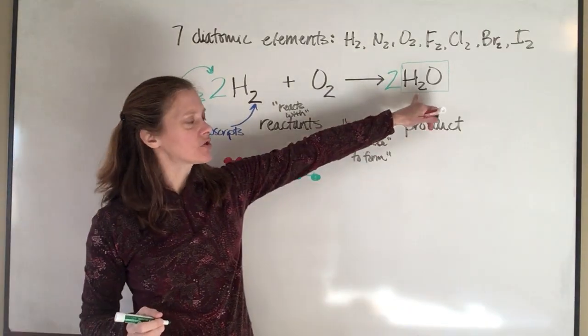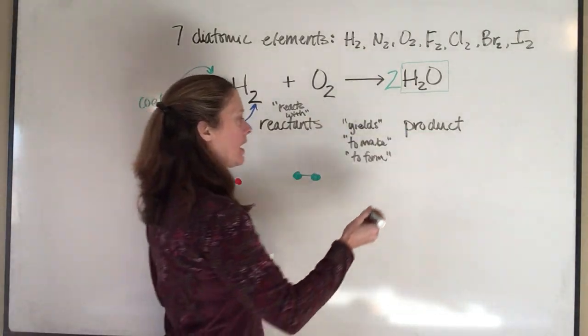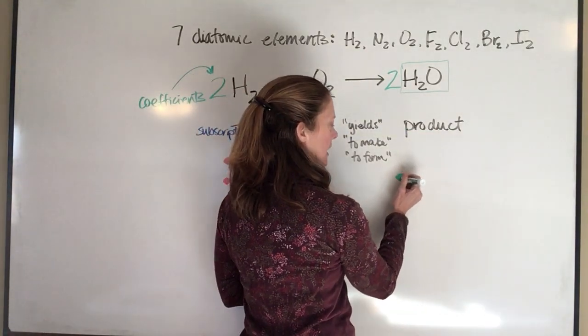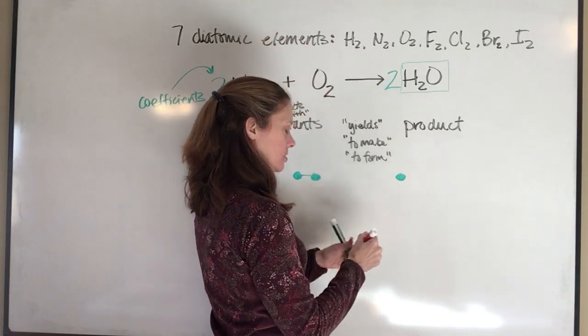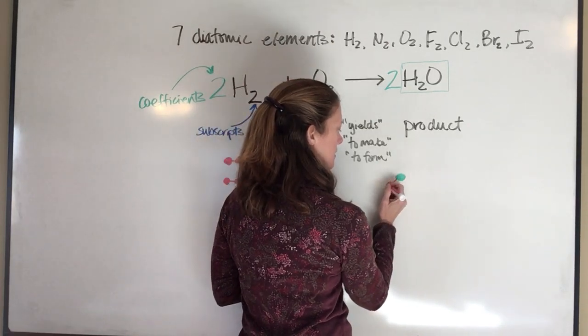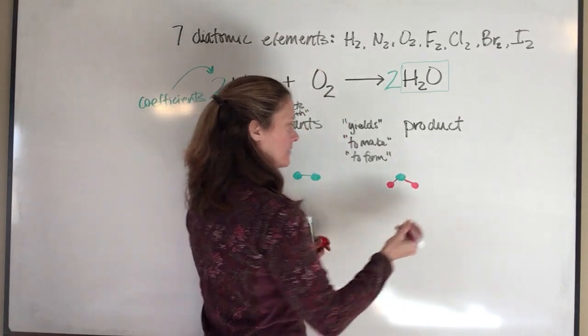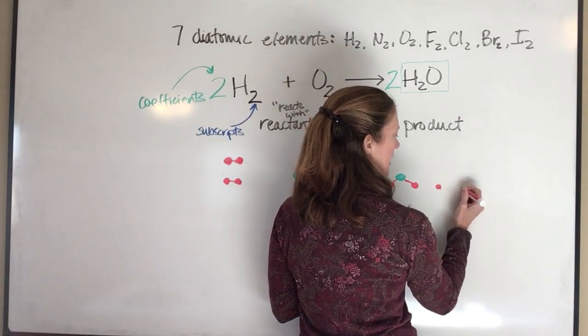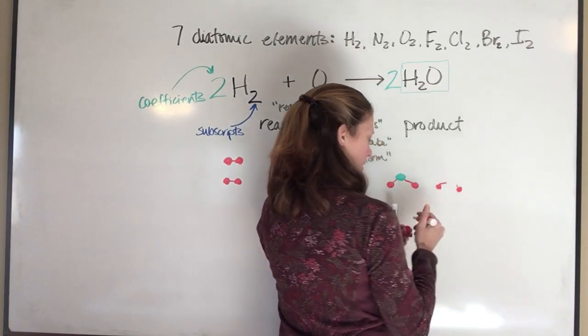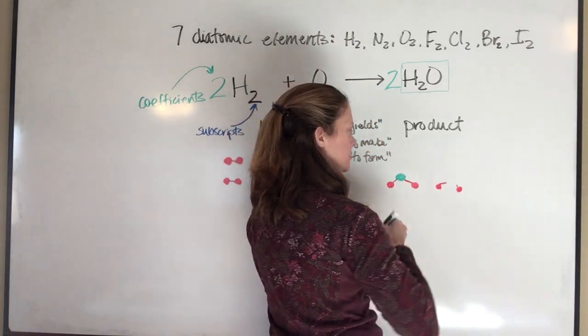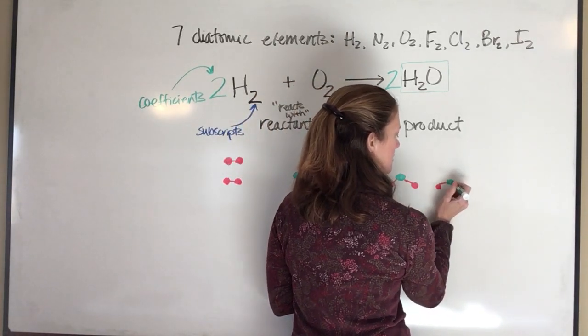When I get to the other side, I have H2O. And so what that means is that I'm going to have 1 oxygen, and it's going to be hooked to 2 hydrogens like that. And similarly, since I have 2 of them, I'm going to have to draw 2 water molecules. So it's going to look something like this.